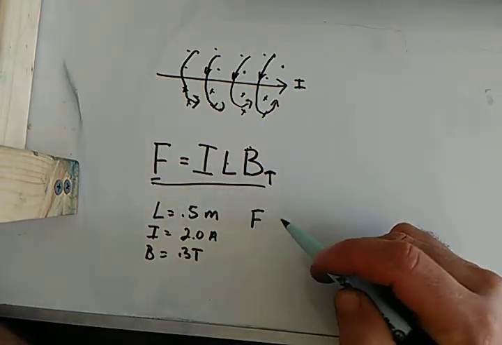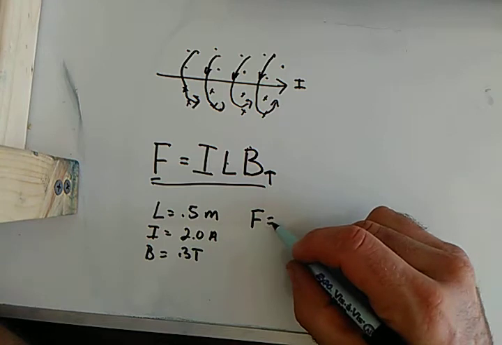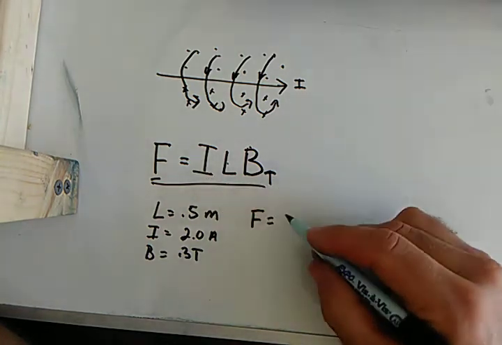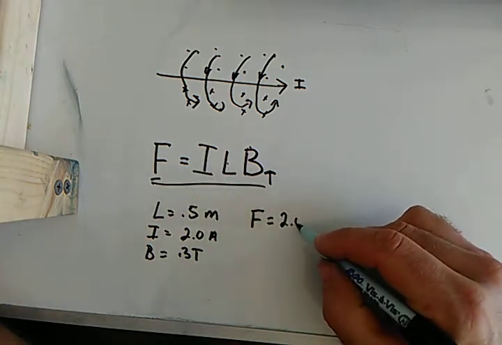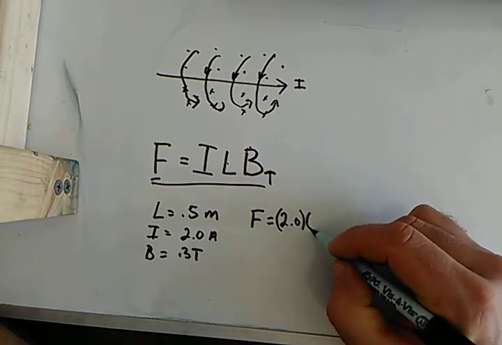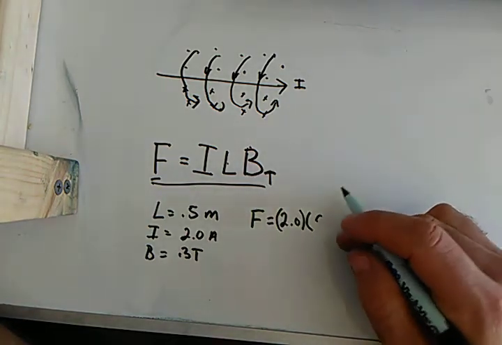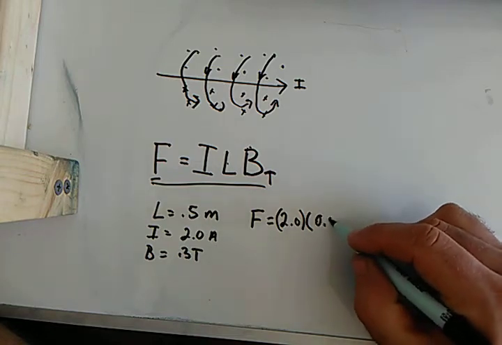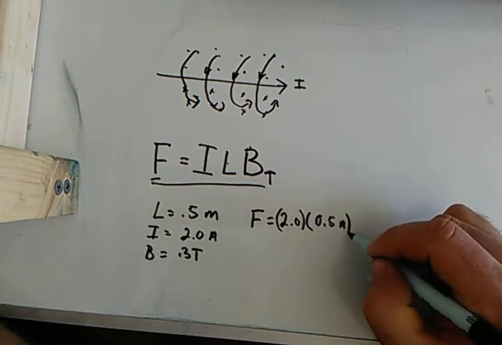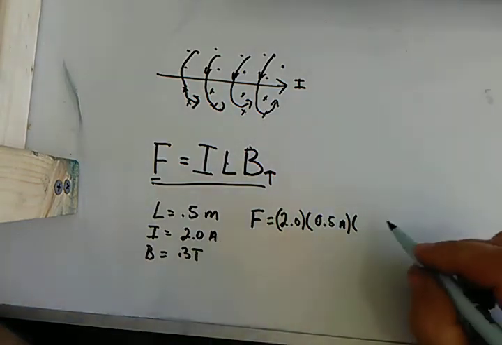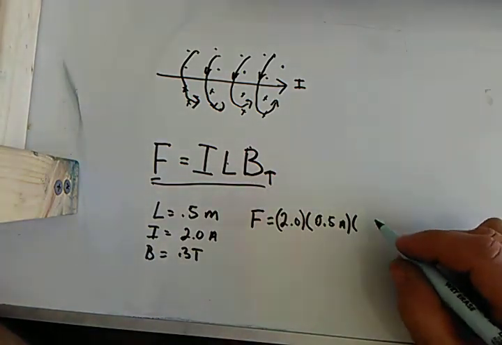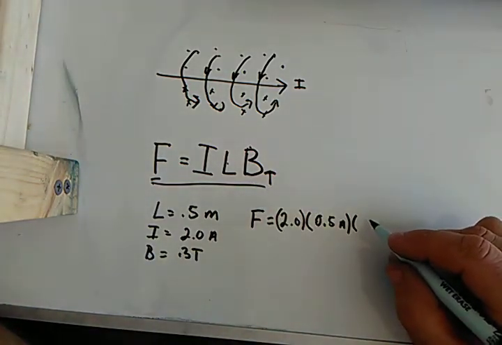So the magnetic force acting on the wire would be current multiplied by the length of wire multiplied by the strength of the magnetic field.